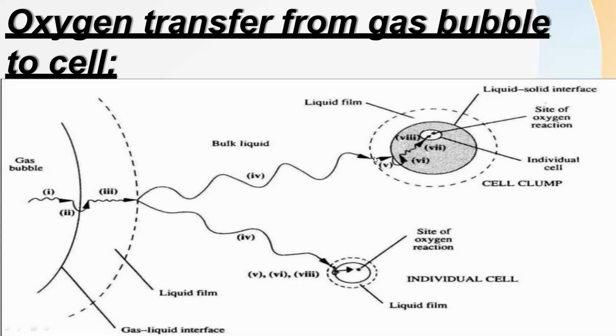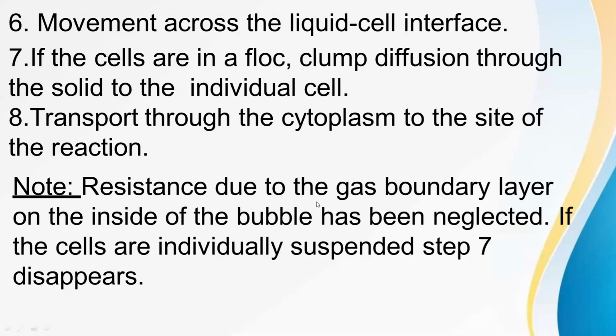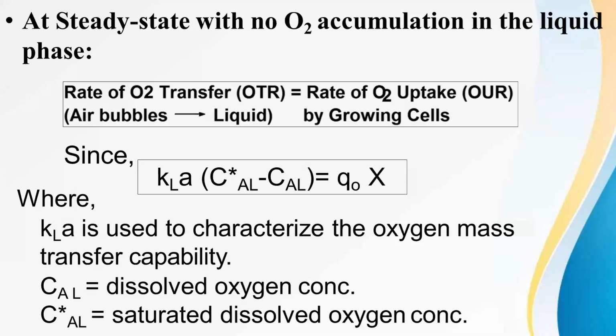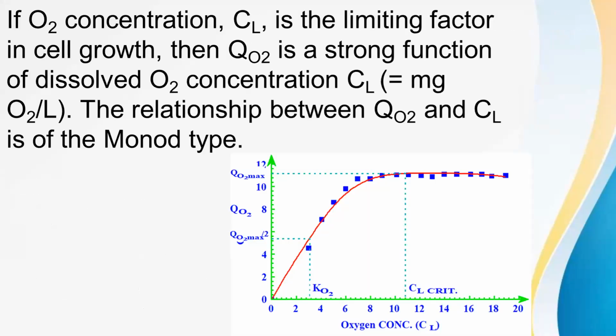Then movement in the liquid film, and then transport across the solid liquid interface, and then transport across the bulk to reach the individual cell, and then from the cell into the cell cytoplasm where there is a site of respiration. Okay, you have to remember these 8 steps. Then you have the oxygen transfer rate greater than the oxygen uptake rate, and then these are all the equations that we have seen.